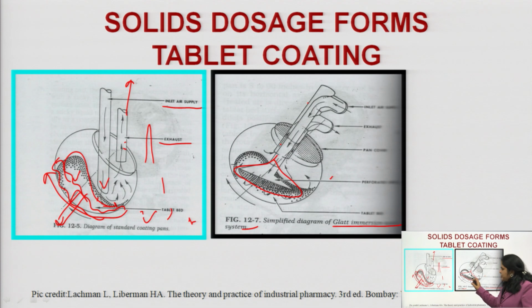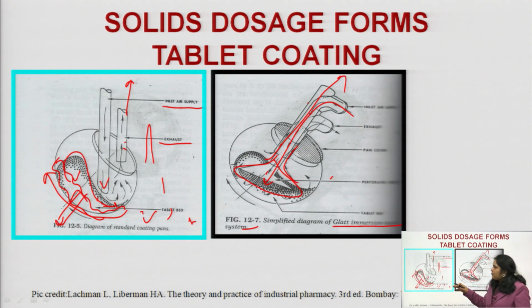This portion was perforated, and it was immersed into the tablet bed. Because of this immersion, the inlet air has better contact with the tablet bed, thus leading to faster drying of the tablet coating solution and forming a film, and after carrying the moisture, this air passes through the exhaust to the outside.